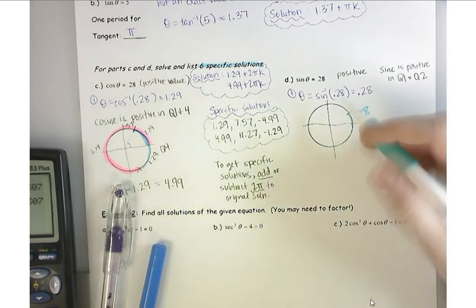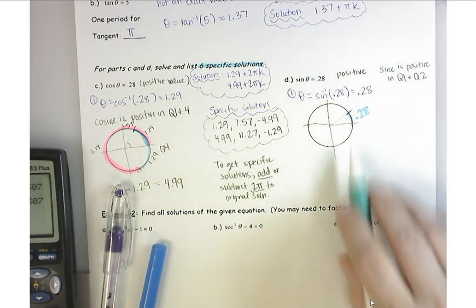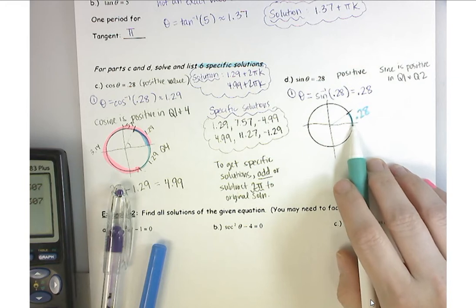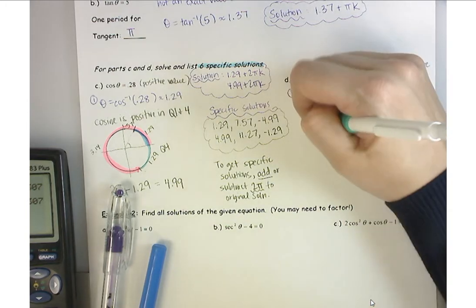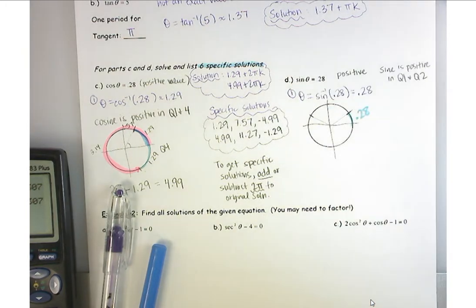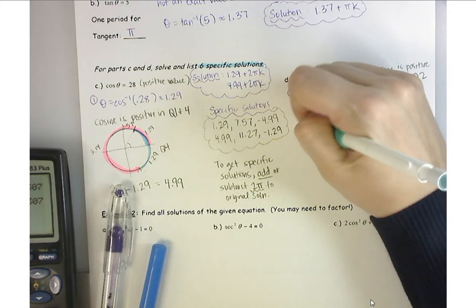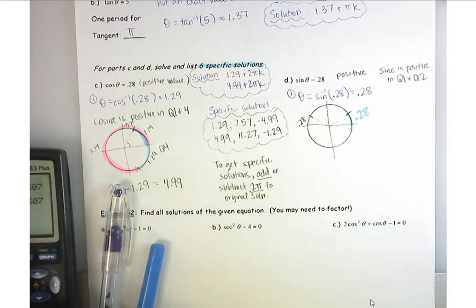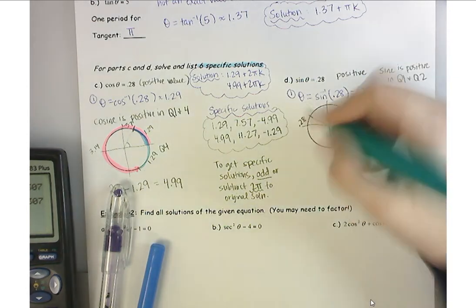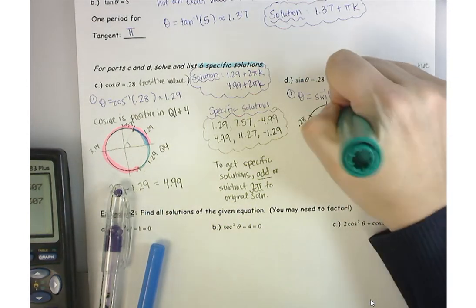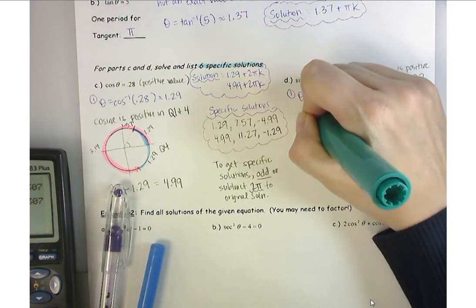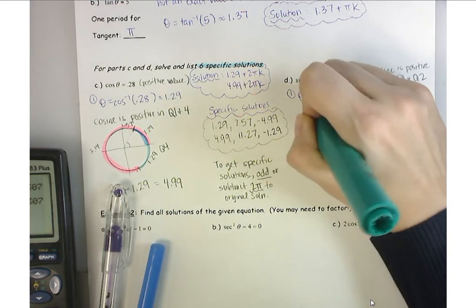So again, we're going to use our reference angle. Okay, so what I'm going to do is the reflection in quadrant 2. So this part is 0.28. And then again, what you're trying to find is you want to start at the terminal value, which is 0, and you're trying to find this angle that I just highlighted.